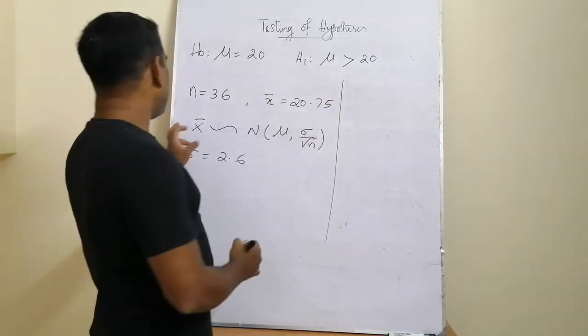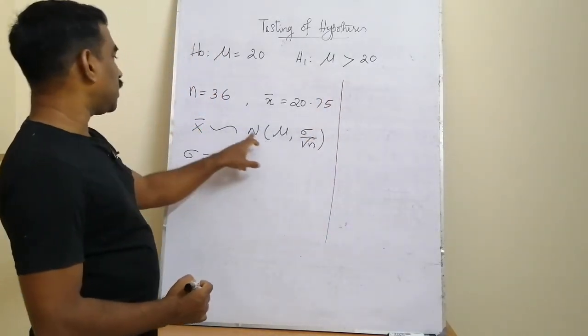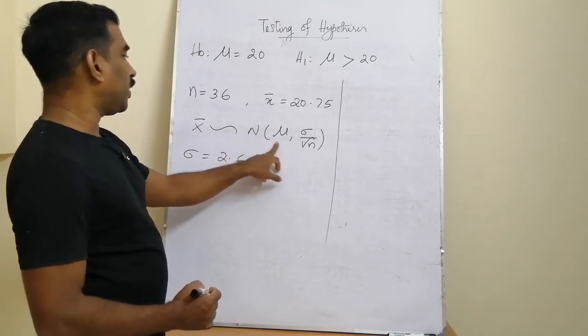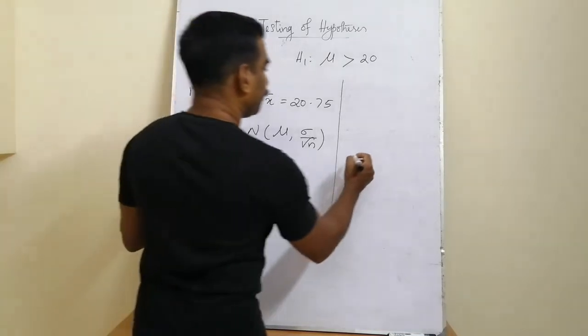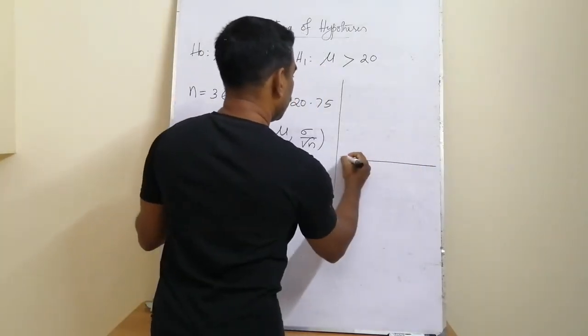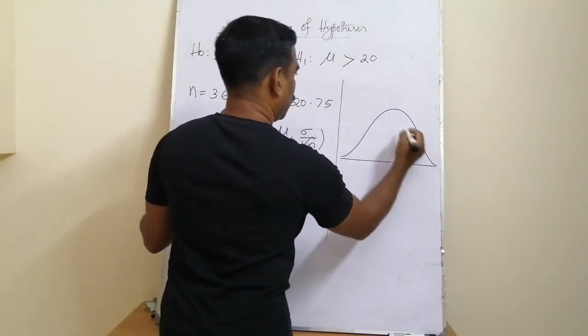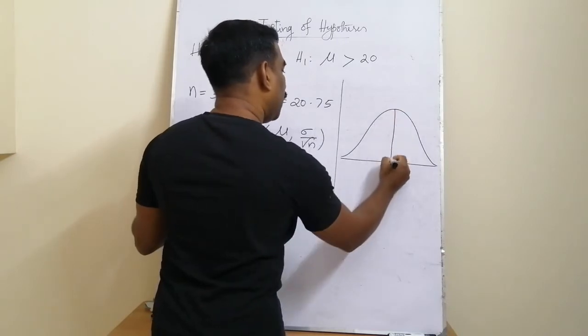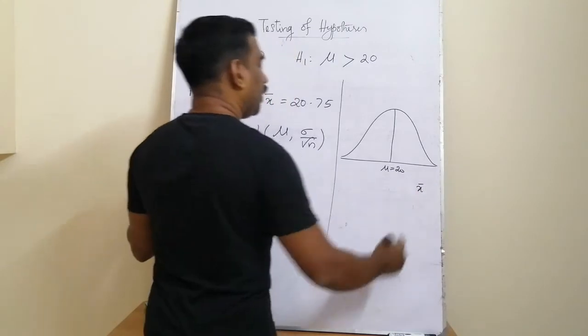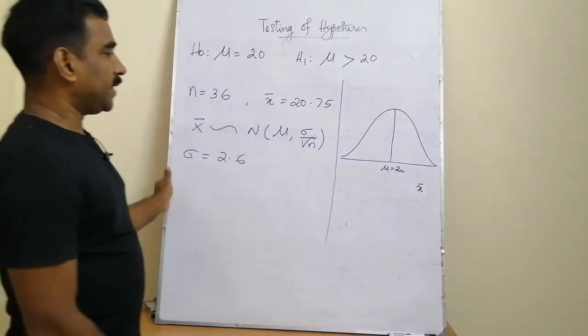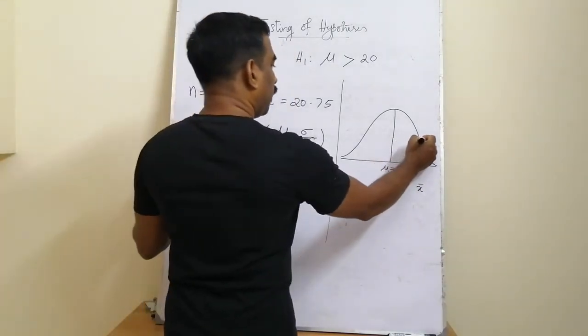Then we know that from the sampling distribution of the sample mean, this is approximately normally distributed with the mean mu and standard deviation sigma by root n. So this is the mean value, mu is equal to 20. Suppose we are plotting different sample means along the x-axis direction, and we are fixing one number.